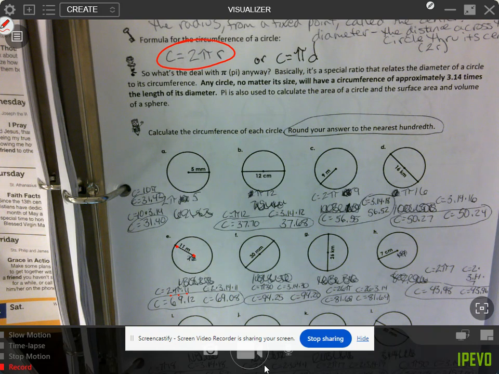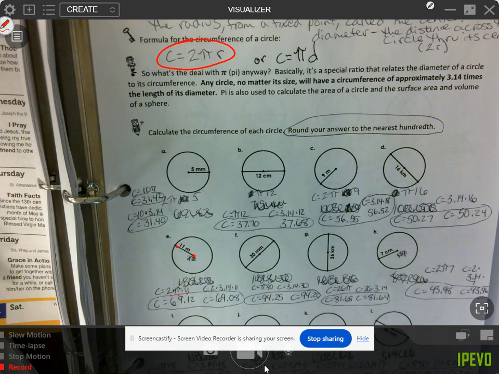So I can either use the pi button on my calculator or I can use 3.14. Either way, we're going to get very similar answers, rounding to the hundredth place. So 2 times 11 is 22, times pi gives me 69.12. So we're not dividing by 2 on all of these.